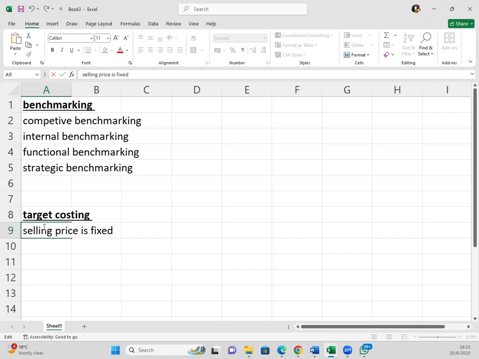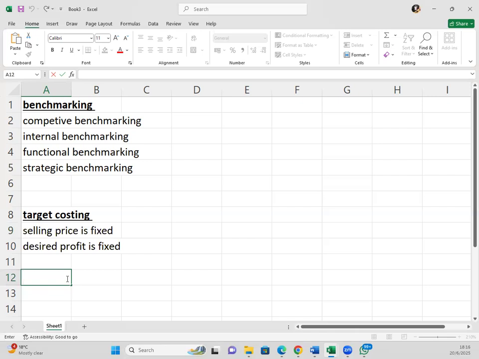In target costing, the selling price is fixed. And also, as an organization, your desired profit is fixed. So the only thing we can play around with are the costs.